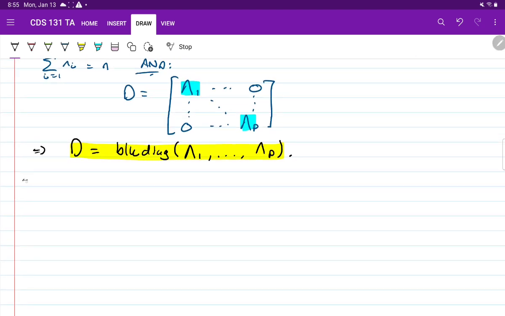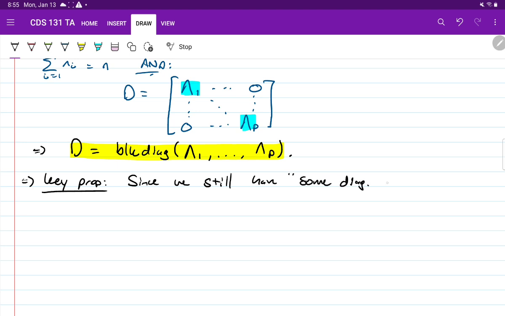Now, the key property is that since we still have some diagonal structure, similar exponentiation rules apply to the block diagonal case.